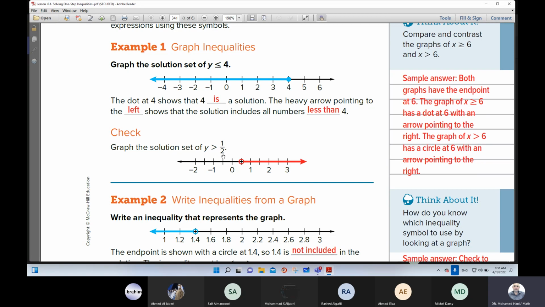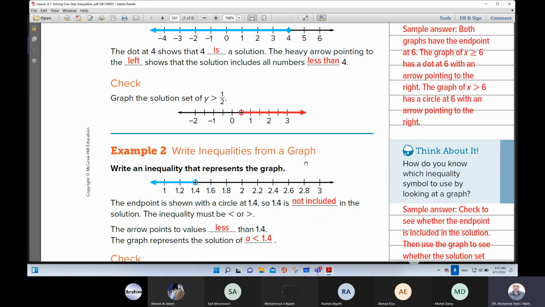Then we don't have equal, so draw an open circle. Open circle means this value is not included in the solution. And y greater than 1 over 2 means the values above 1 over 2, means 1, 2, 3, 4, etc. Means the arrow is in the direction of the positive side.